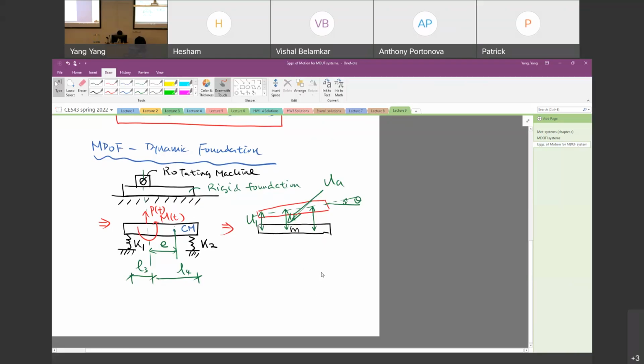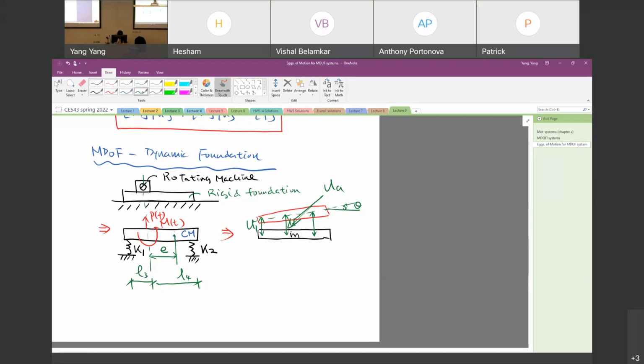The displacement of the concentrated mass, or the centroid of the mass, is equal to UCM. Based on the geometry, we should be able to get the relationship between those factors.